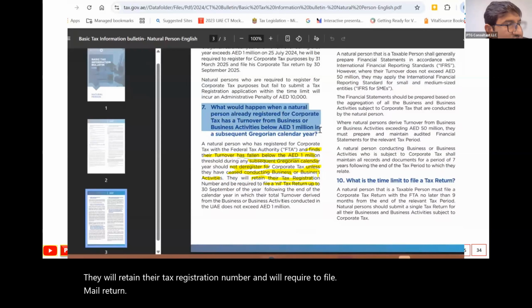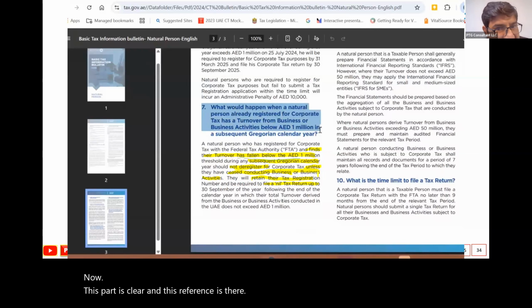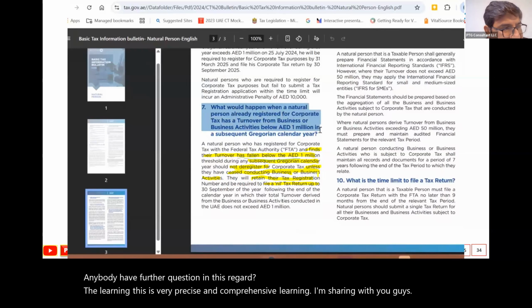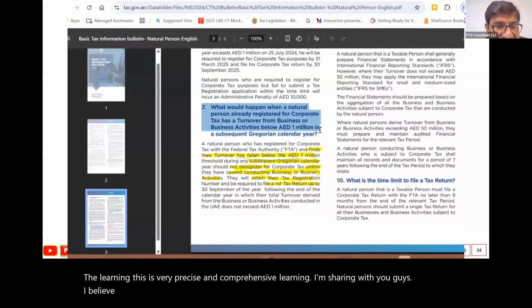Now, this part is clear and this reference is there. Does anybody have further questions in this regard? This is very precise and comprehensive learning I'm sharing with you guys. I believe when we complete, you will have the reference as well.